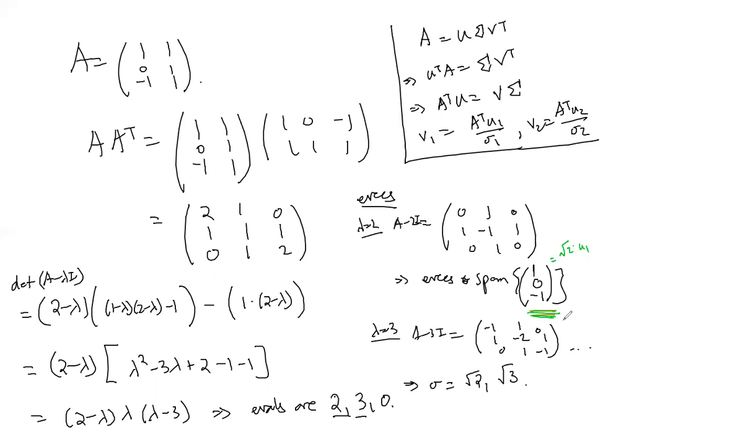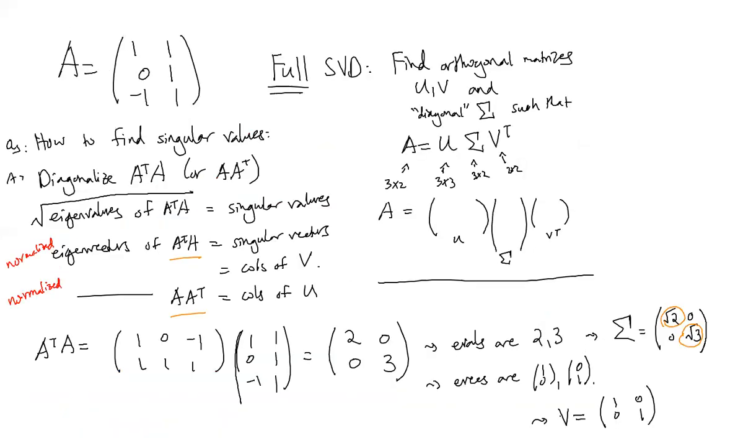Why don't you find the eigenvector for 0? Because, yeah, there's the definition. Way at the beginning I should have said these singular values are defined to be non-zero, at least I think.